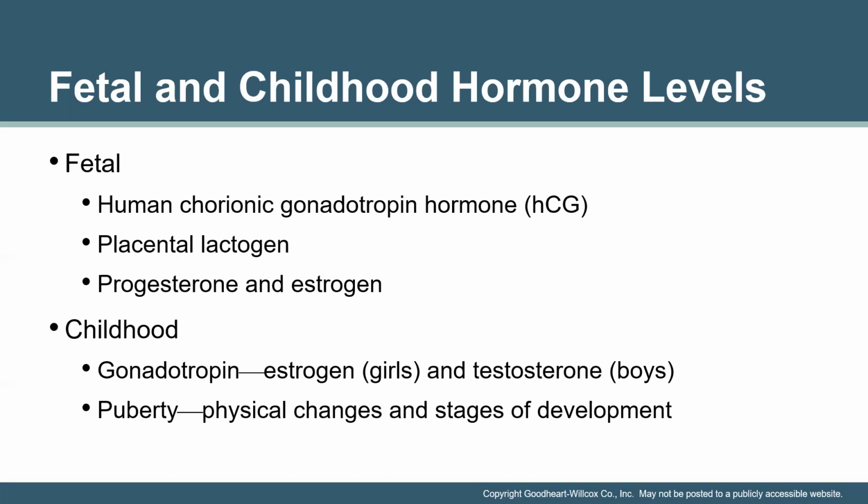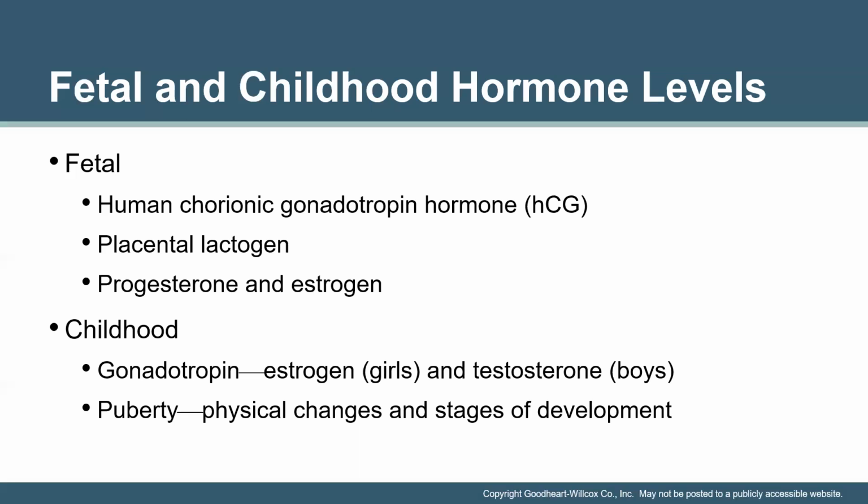It will support the structures of the corpus luteum, which is responsible for secreting estrogen and progesterone. And I don't know if you remember, the corpus luteum is kind of the wrapping paper of the ovum. So the body's great at not wasting anything.